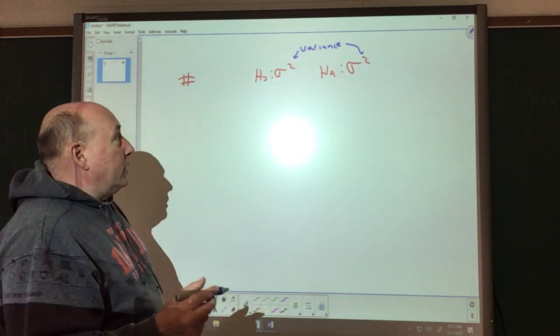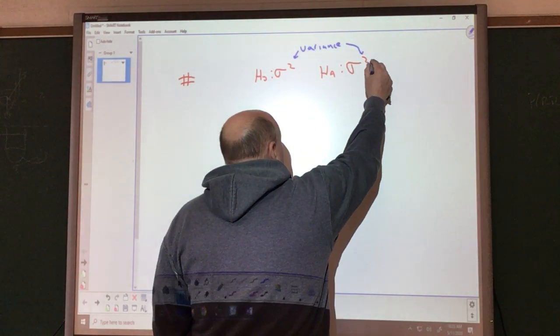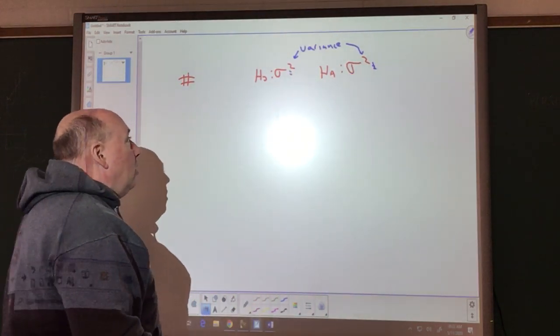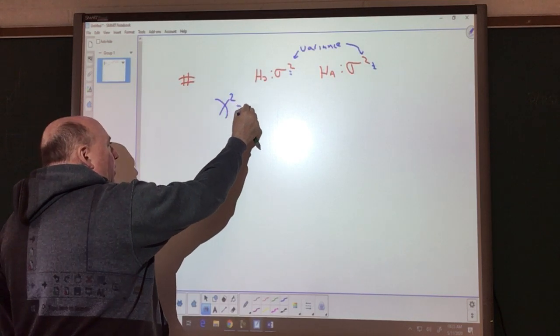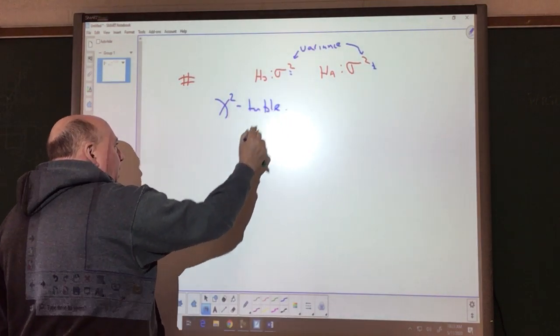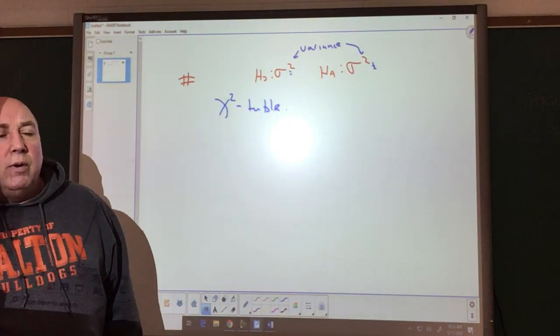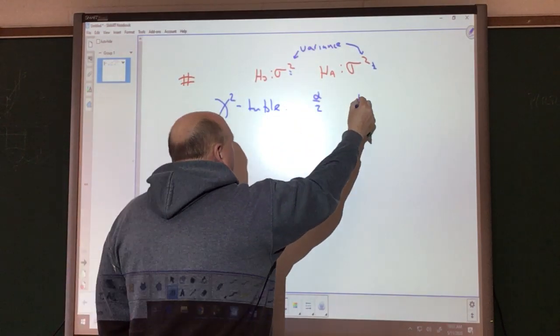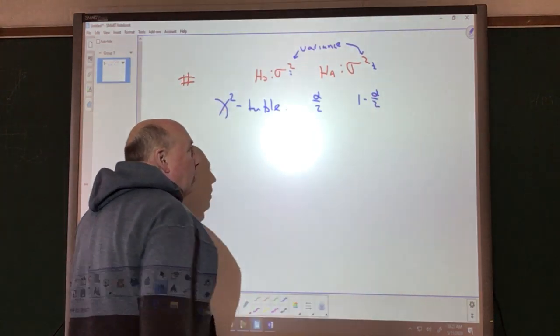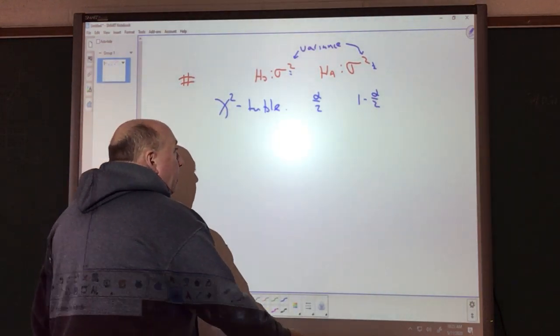Also, this was a two-tail, so this was not equal to and equal to. We have to go to our chi-squared table. And with that chi-squared table with the two-tail, we have alpha divided by 2 and 1 minus alpha divided by 2 to find our critical values.